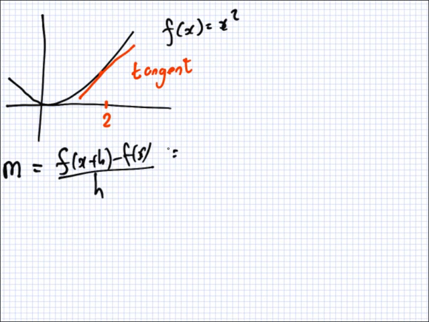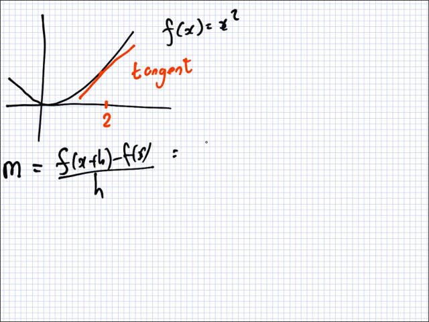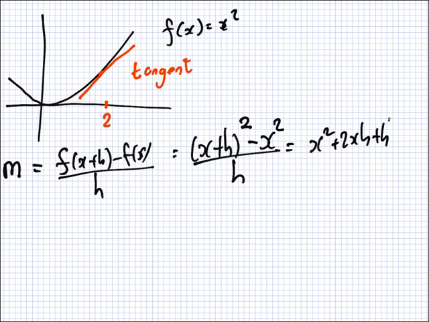Right, what is f(x plus h)? What would that equal? x plus h squared. x plus h squared minus f(x), x squared, minus x squared over h. So that would equal x squared plus 2xh plus h squared minus x squared over h.